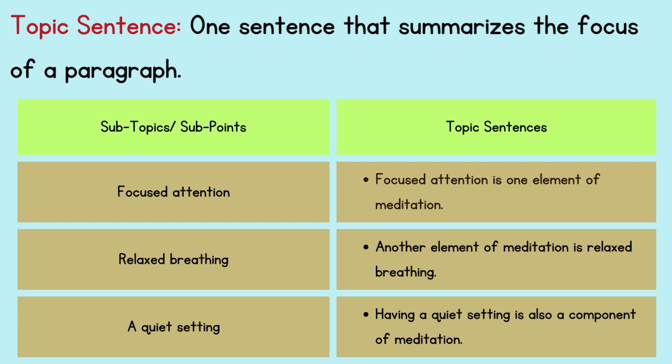So you don't have to stick with the same vocabulary for all three, but make sure that the word that you use can be used interchangeably with the word that's in your thesis statement. So I have elements in my thesis statement. I use element at least twice, and I use something that can be used to mean the same thing as element, which is component in this case, right?